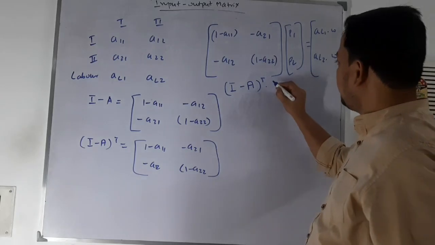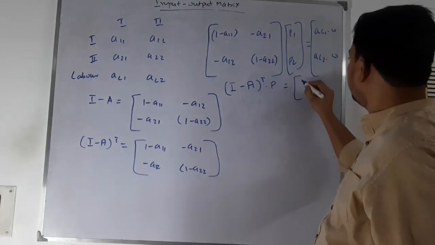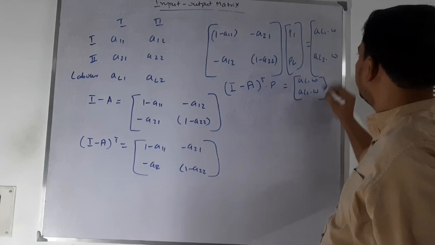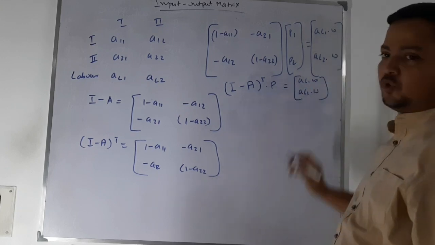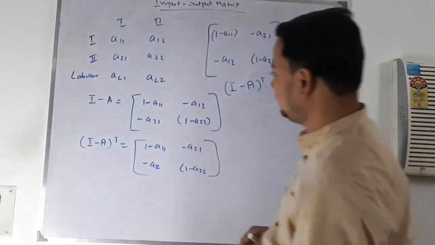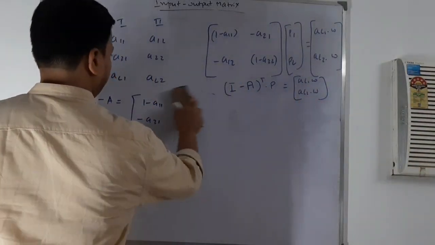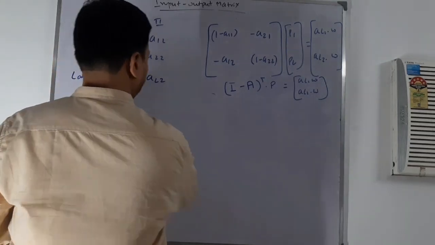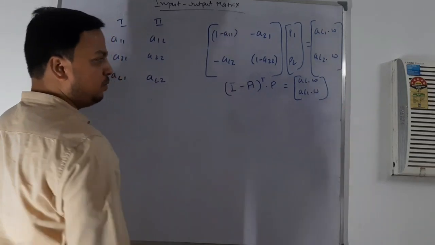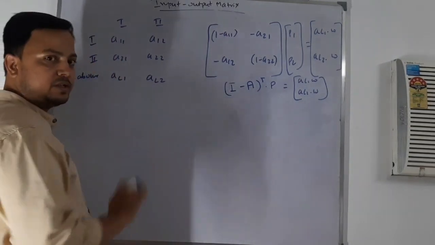Multiply by the price factor equal to AN1 into W, AN2 into W. This is what correction I am talking about. Here I am writing transpose. So I pre-multiply both sides by I minus A inverse transpose.